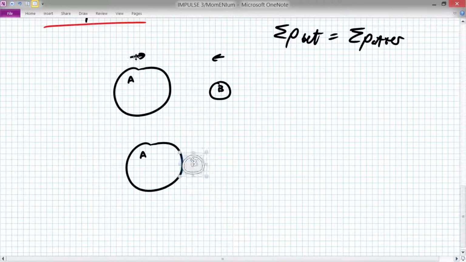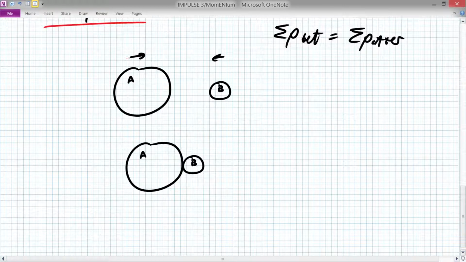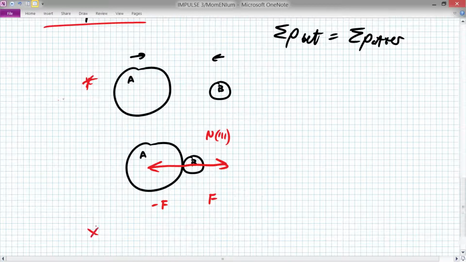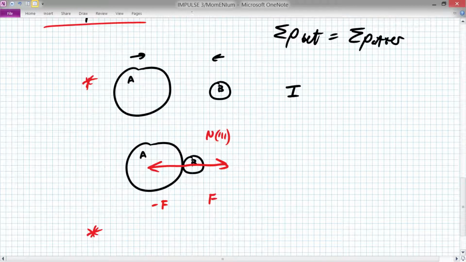There will be a moment where these two masses are in contact, and at that point, through Newton's third law, A will be experiencing a force because of B. I'll call this minus F because it's in the right to left direction, and likewise B will be experiencing a force due to A, so that'll be F. And from this situation to the situation after, we can say that there will be some impulse, so I can consider the impulse on the system, and that will be equal to the change in momentum for A plus the change in momentum for B.